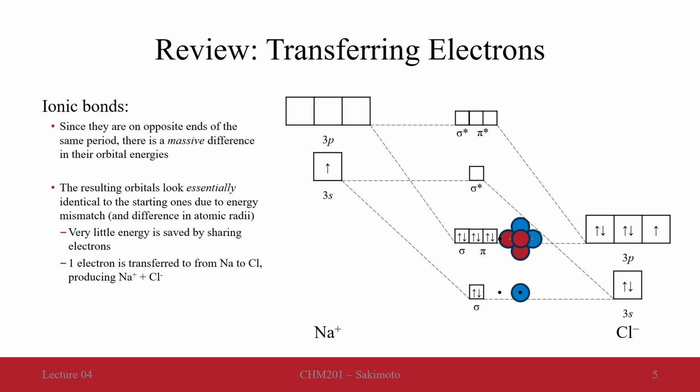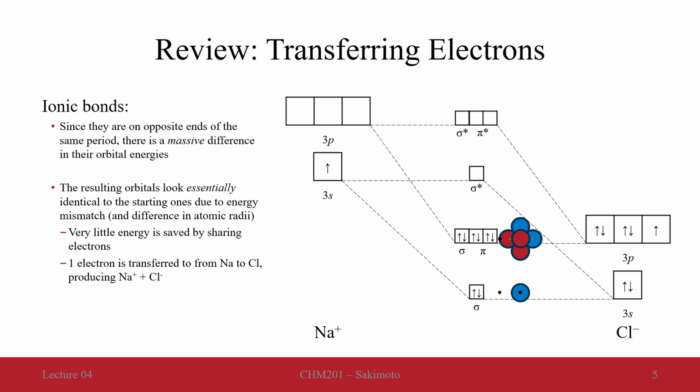In this case, we once again get really no stabilization from mixing s with s and p with p. And for this particular pair of atoms, our resulting molecular orbitals aren't really close enough to further mix, so they kind of stay where they are. Effectively, what you see is that really no stabilization is happening by forming these molecular orbitals.